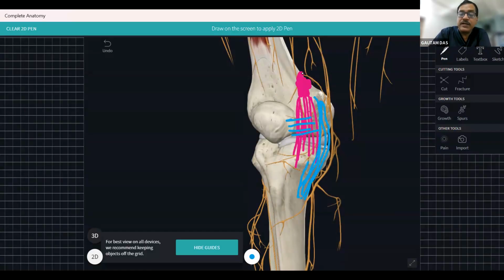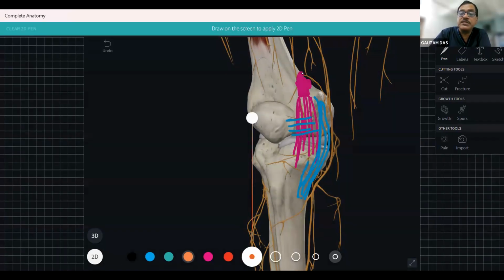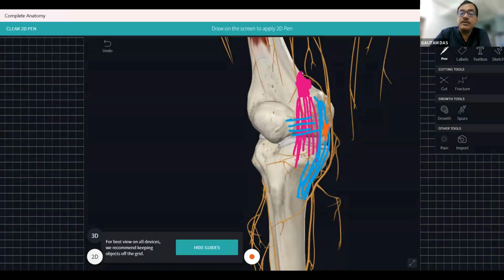After that, there is a third layer, the deeper layer of the medial collateral ligament, which has two parts: from the meniscus to the femur, meniscofemoral, and from the meniscus to the tibia, the meniscotibial ligament.